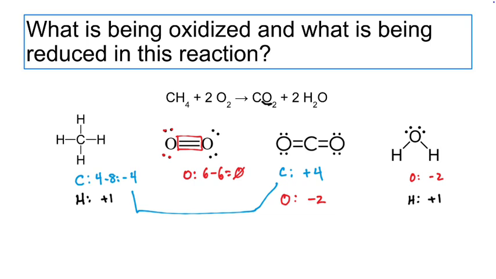So we're not talking about gaining anything here. We're talking about losing. So this is the loss of electrons. Okay? And because we like animals and living things, we'll say the loss of electrons is oxidation. So our carbon was oxidized in the course of this reaction.